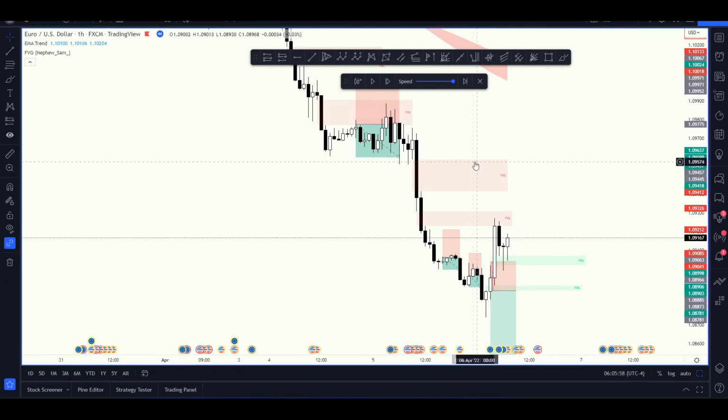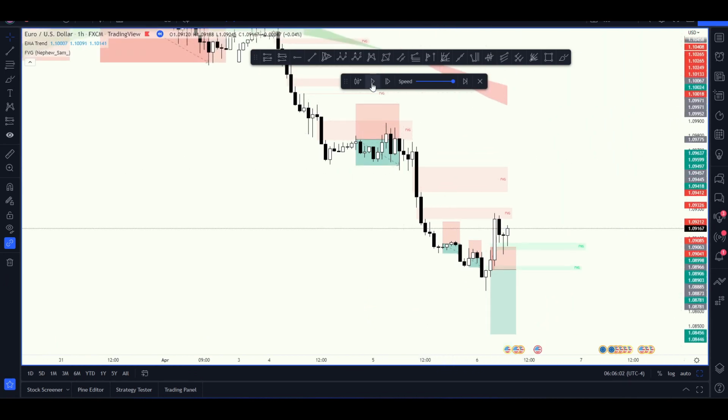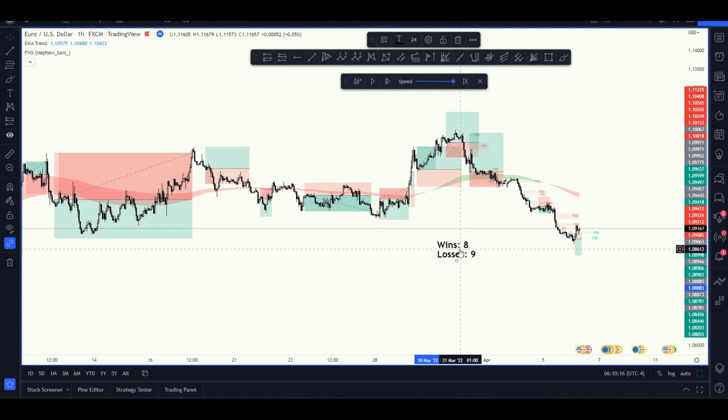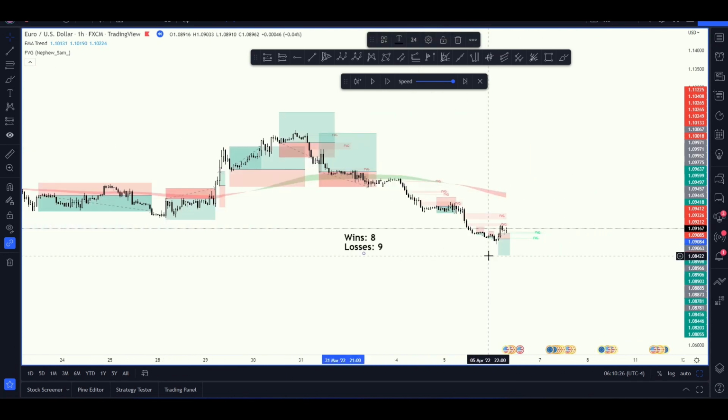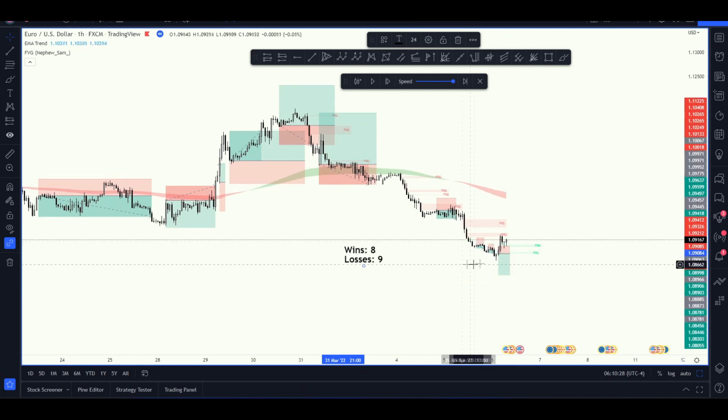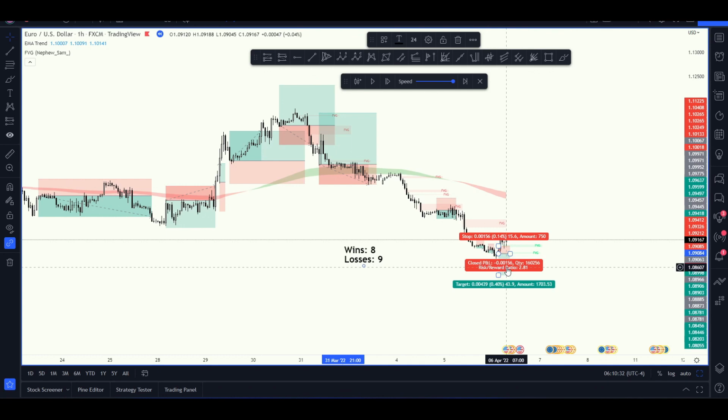So right now I'm going to calculate what the result of this strategy is, if this is profitable or not. In total, we had 17 trades. There were 8 wins and 9 losses, as you can see. I wouldn't say that this strategy is profitable just because we have such a low win rate. Not only the win rate, but we also have a low risk to reward ratio.